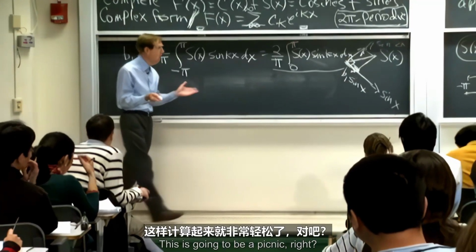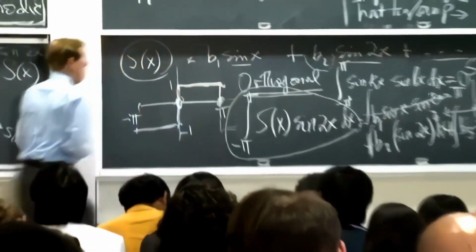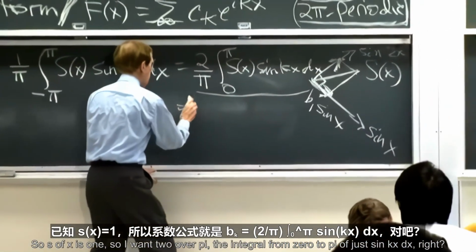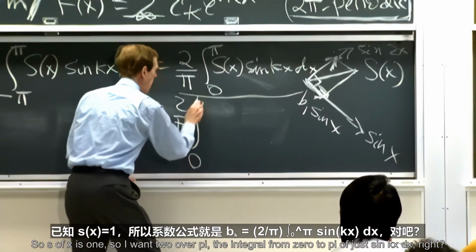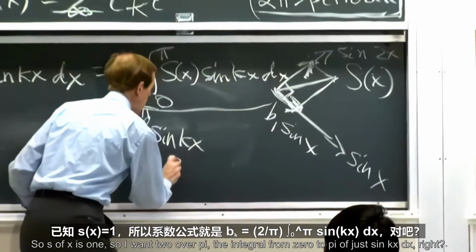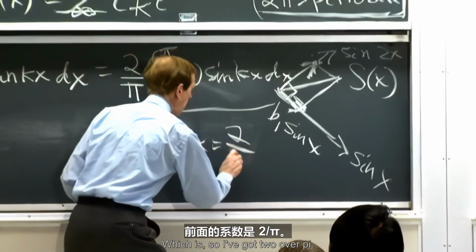This is going to be a picnic, right? The function is 1 here. So S of x is 1, so I want 2 over pi, the integral from 0 to pi of just sine kx dx, right?